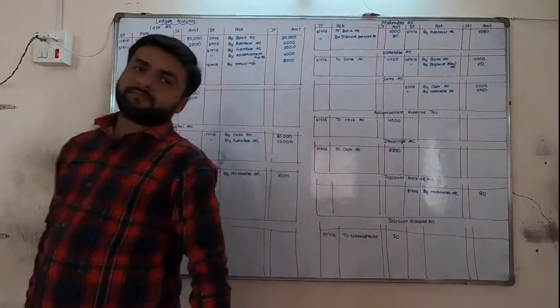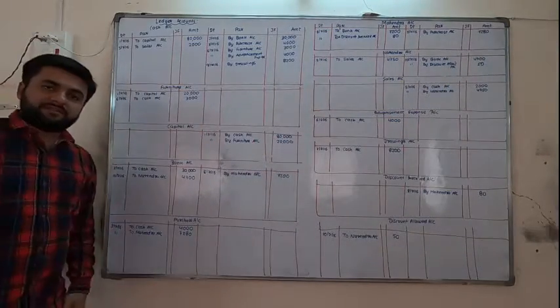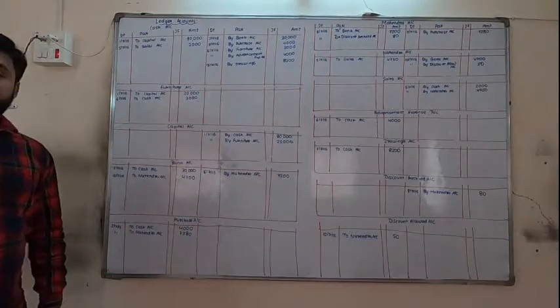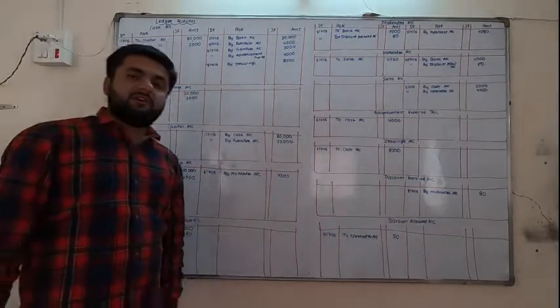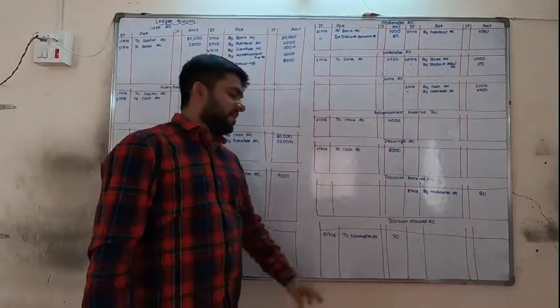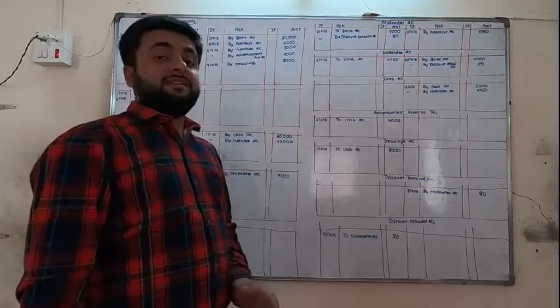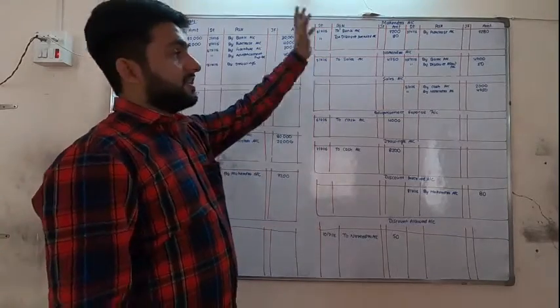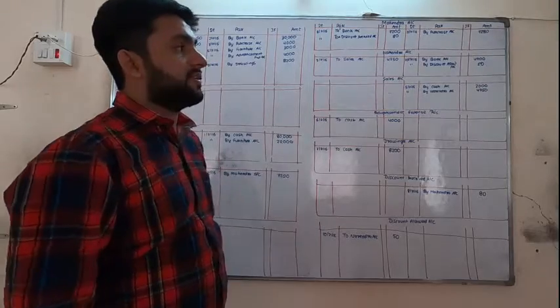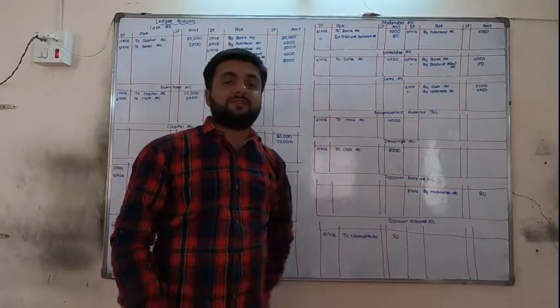So once more, bank account debit side of bank account to Narendra, amount of bank only 4700. Discount allowed account debit. So debit side of discount allowed, what is written opposite? To Narendra, amount of discount. Then this Narendra is credited. So credit side of Narendra, both the above things, bank account and discount allowed account 4750, which makes 4750.